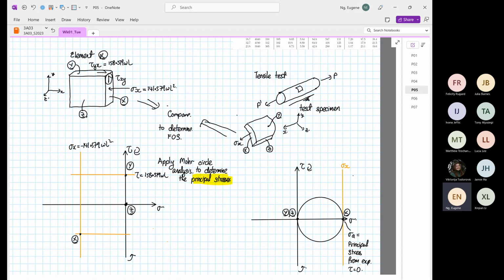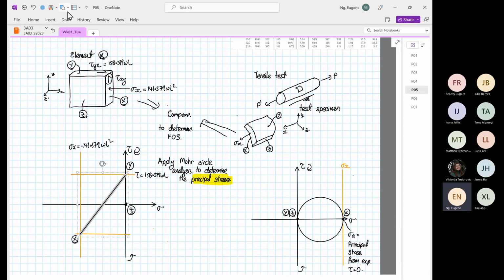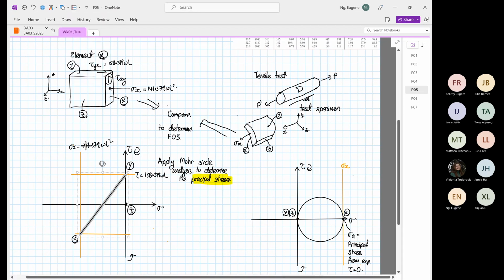So now we draw a line across. So from here, you can draw one Mohr's circle. Okay, so the first Mohr's circle will look like this. Okay, so this is just a sketch.